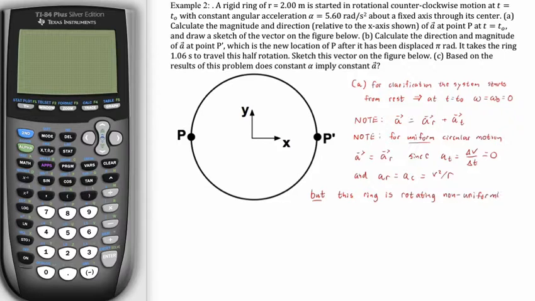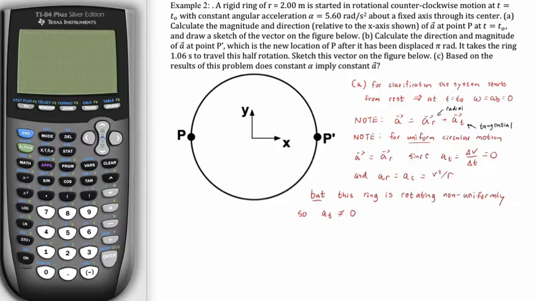And all that term means is that a_t does not equal 0. The tangential component of acceleration does not equal 0. So I'll add the terminology over here. I'll label these: this is radial, and this one is tangential, because I wrote the subscripts R and T, but I want to have that in writing on our notes here.